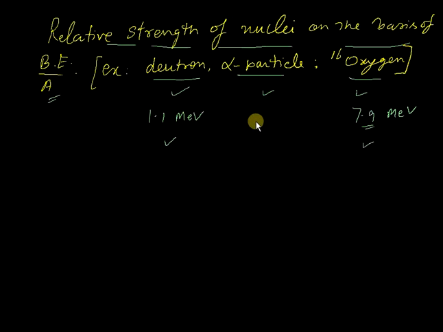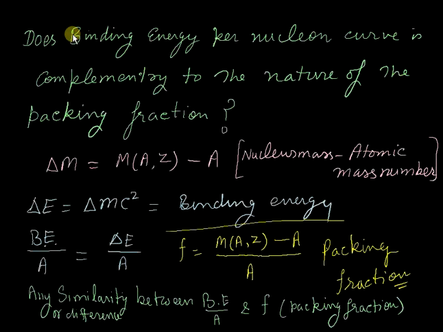The comparative statement says that where the binding energy per nucleon is more, that system will be more stable compared to the lower value. So deuteron is less stable as compared to oxygen-16, and oxygen-16 is the more stable nucleus. Does the binding energy per nucleon curve, which you have seen earlier, complement the nature of the packing fraction?